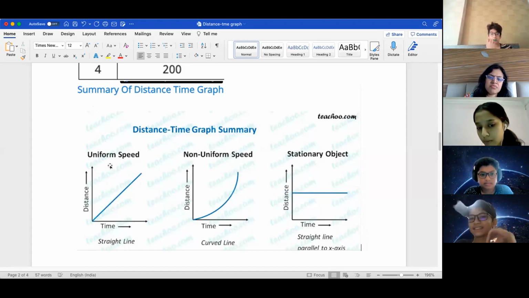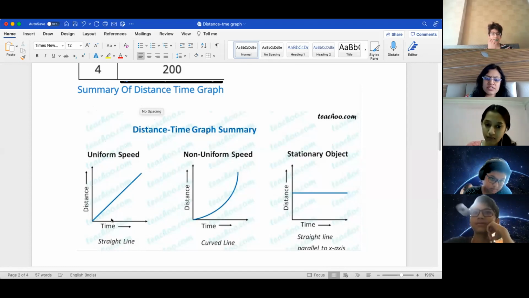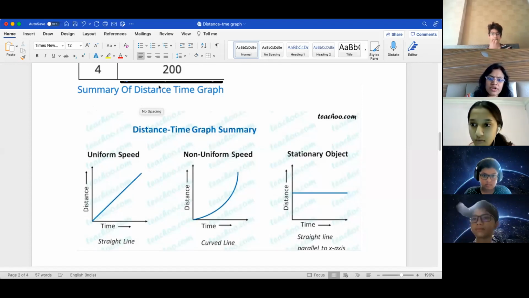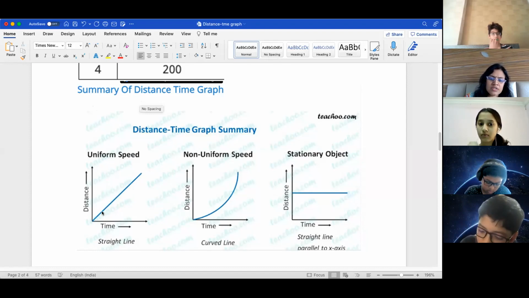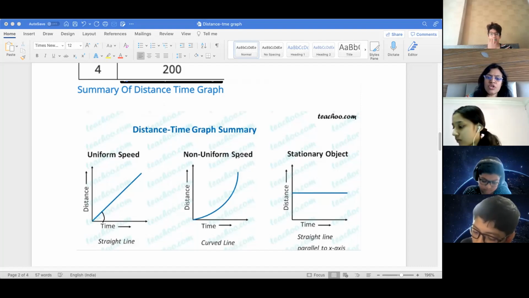Uniform speed means speed is constant. When the speed is constant, so distance time graph is a inclined straight line. Okay, straight line inclined, making an angle, and this angle or the slope gives you the speed of the graph that we studied yesterday. Distance time graph is non-uniform speed.